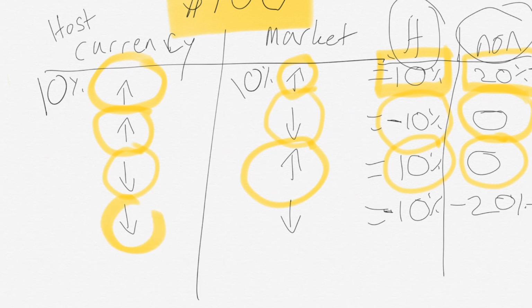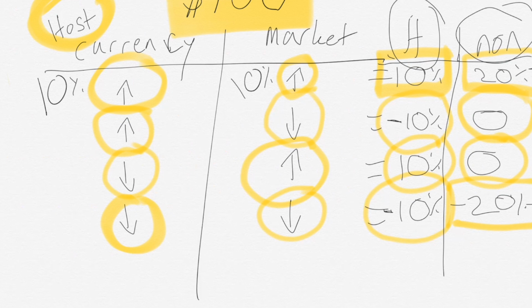However, if both go down, currency as well as market, and this would be host currency, then you would have a 20% plus decrease on non-hedged and a negative 10% on the hedged side.